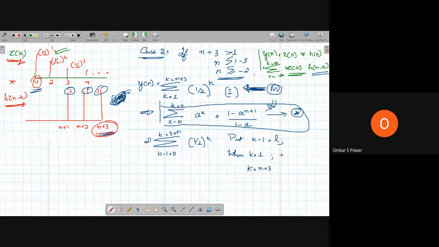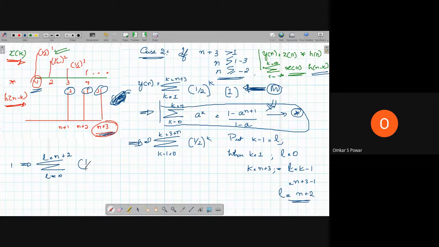So k is equal to 1, l is equal to 0. k is equal to n plus 3, so l is equal to k minus 1, n plus 3 minus 1, so your l will be equal to n plus 2. So how does this equation get modified? This one, l varies from 0 to n plus 2.